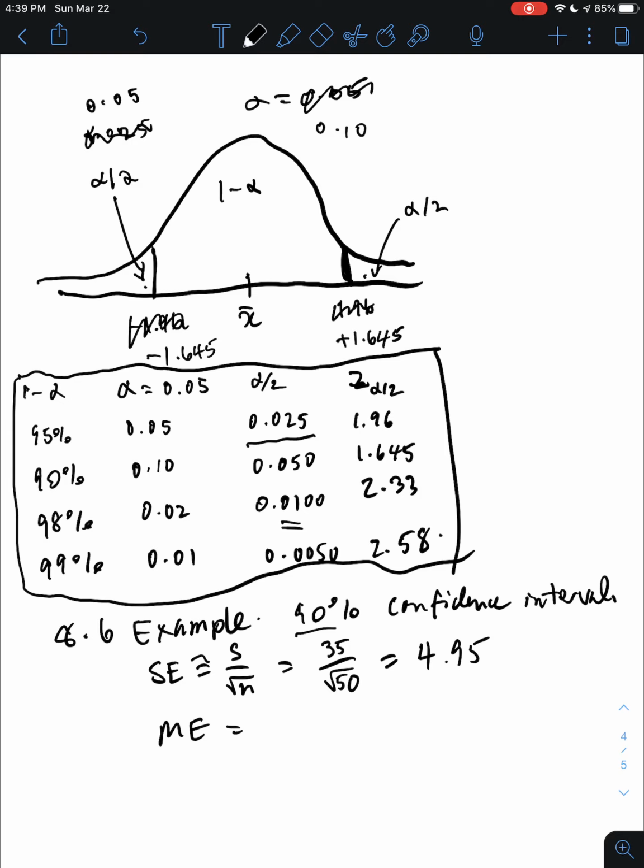Because it's 90% confidence, I use 1.645. Pull up the calculator. 4.95 times 1.645 is 8.1428. Let's go with 8.14.